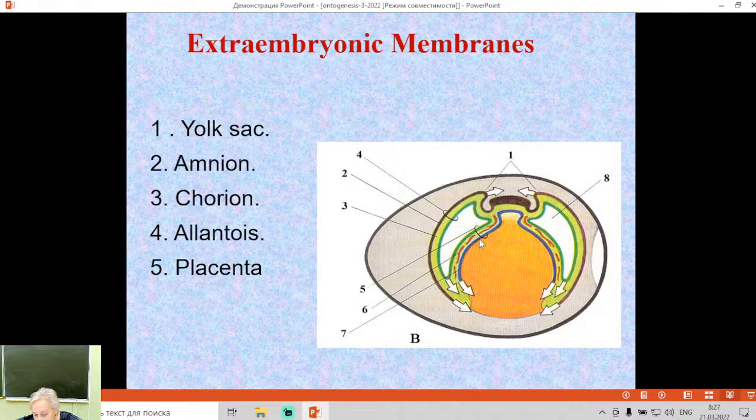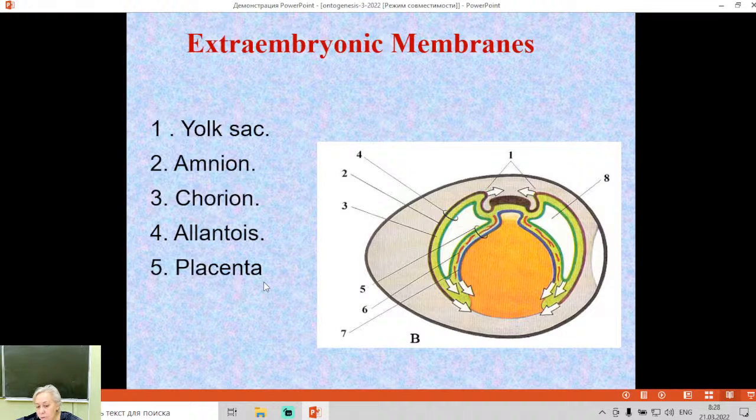Yolk sac, blue, and process of formation of amnion and chorion. Amnion will be the inner membrane and chorion the outer membrane. And after that, the process of formation of allantois.